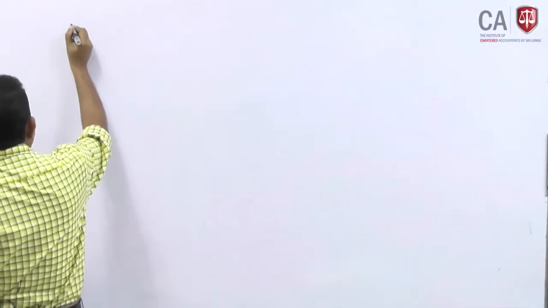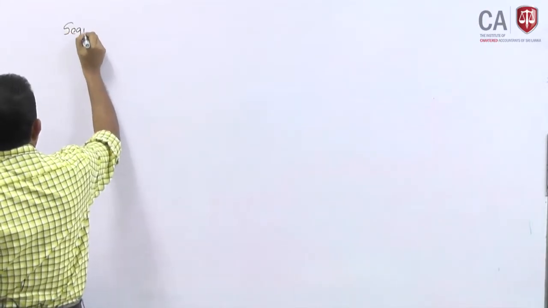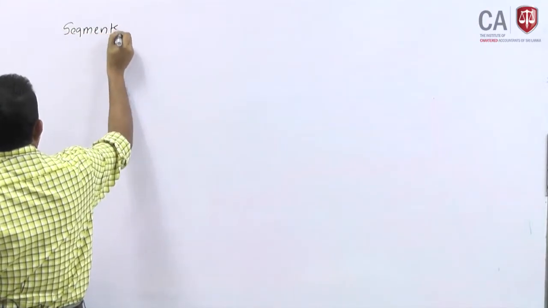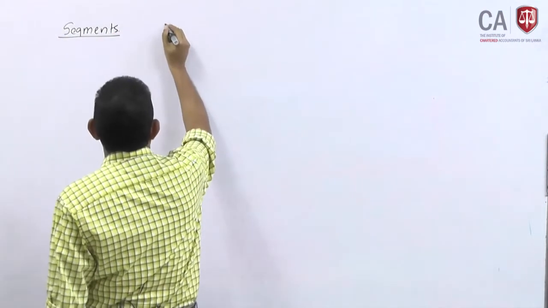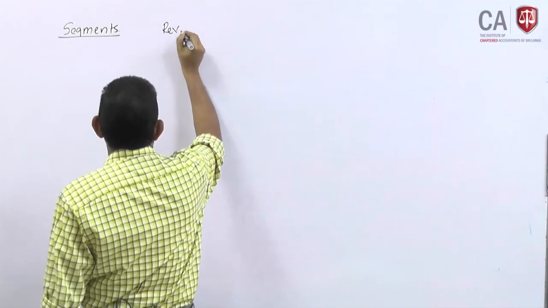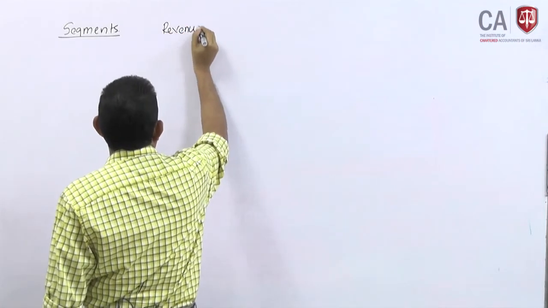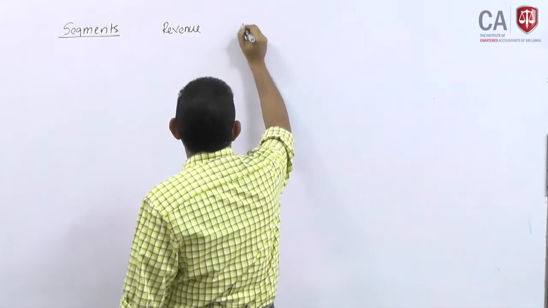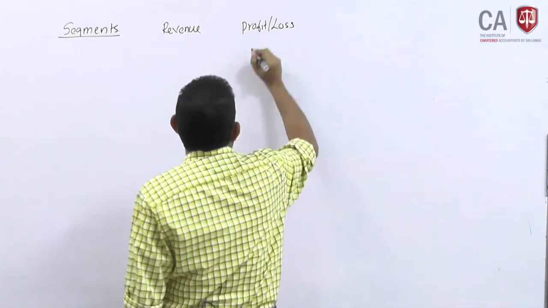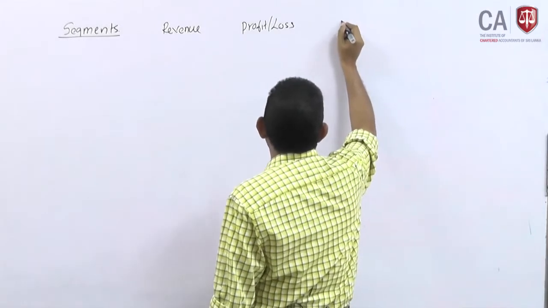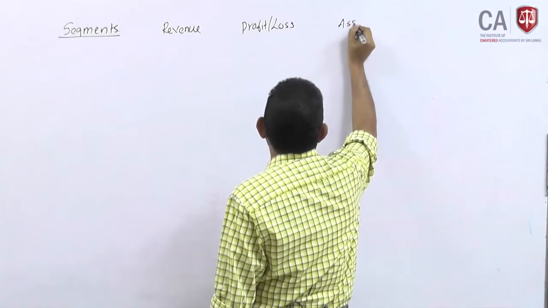We will identify the segments. Then we will take the revenue threshold. Then we will take profit or loss. Then we will take total assets.